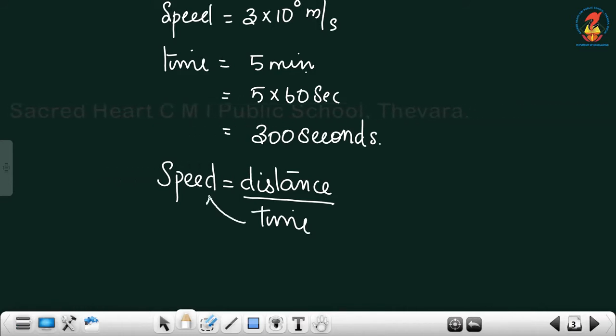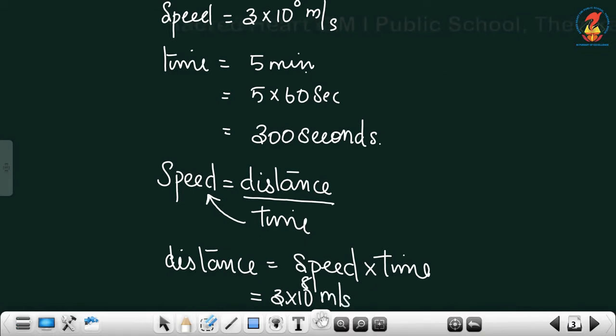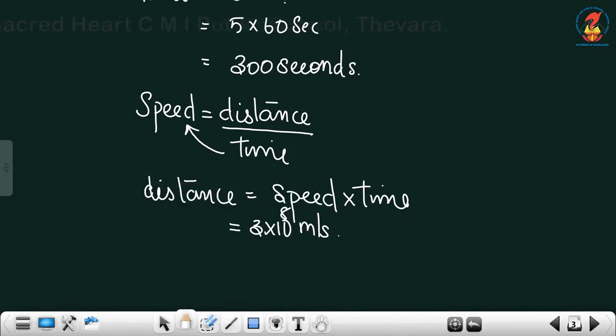Now, how will you find distance from this equation? We will cross multiply. So distance equal to speed into time. Now substitute: what's the speed? 3 into 10 raised to 8 meter per second into 300 seconds.